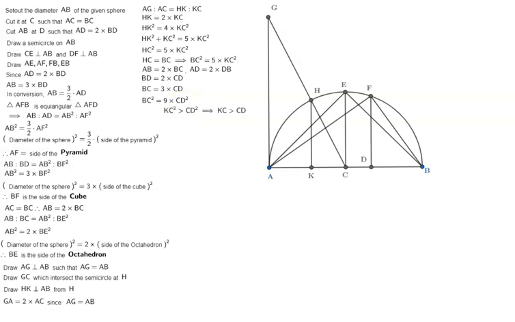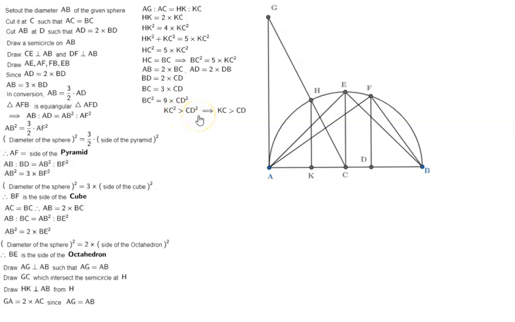That means KC square is greater than CD square, because the square on KC is 1/5 of the square on BC, whereas CD square is 1/9 of BC square.